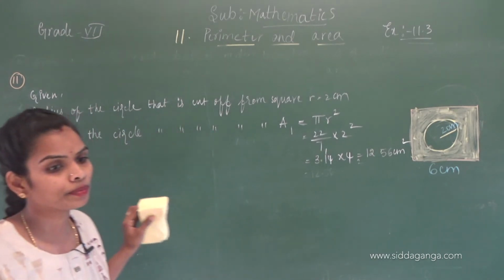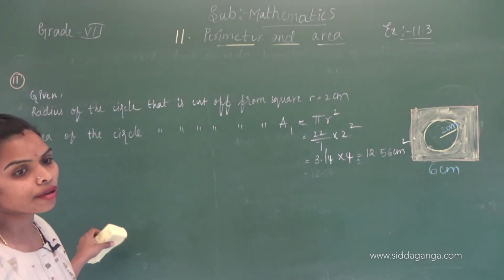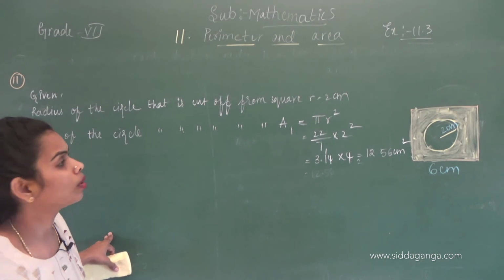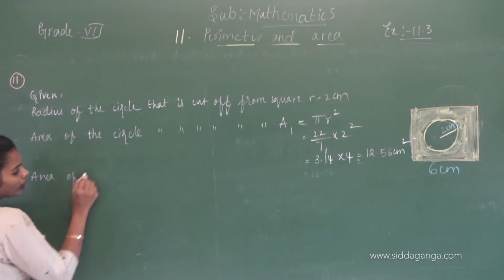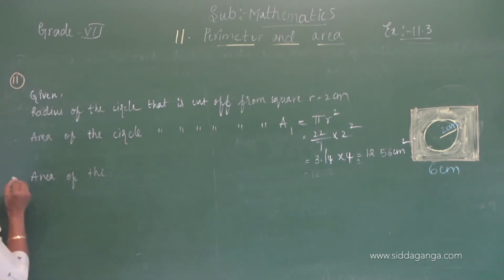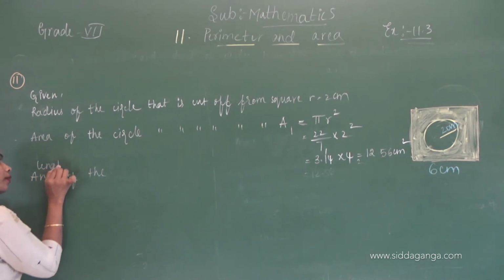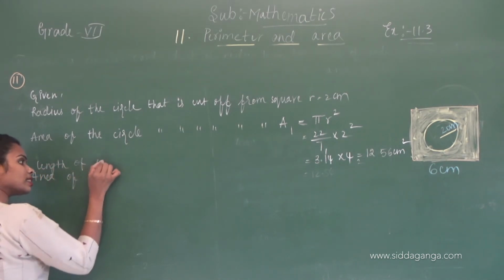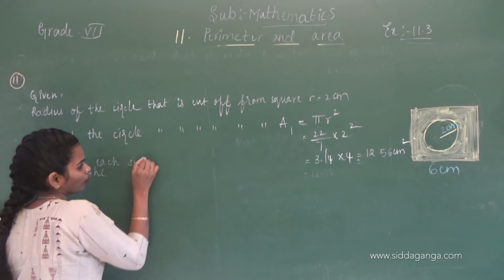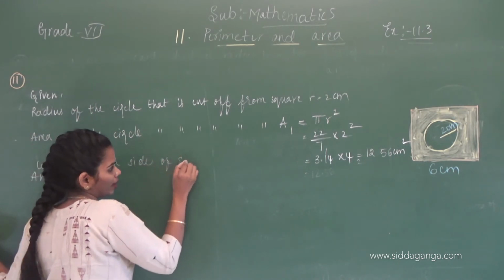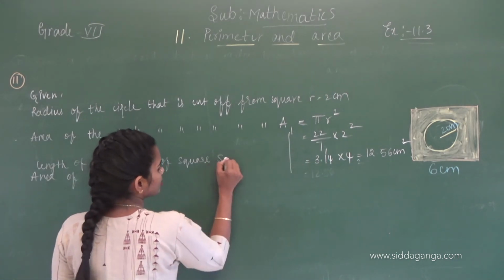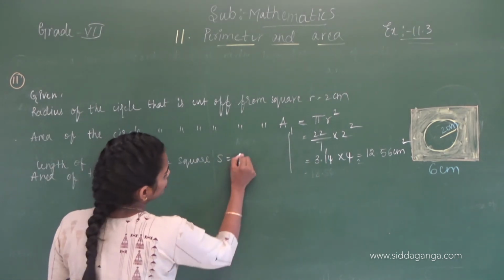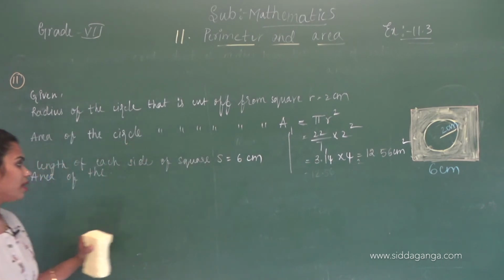Okay children, and then what you have to find now? We have to find the area of the square. Given, the length of each side of the square, s equals 6 centimeters.